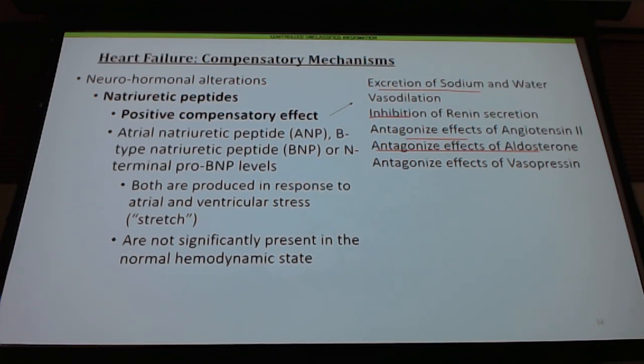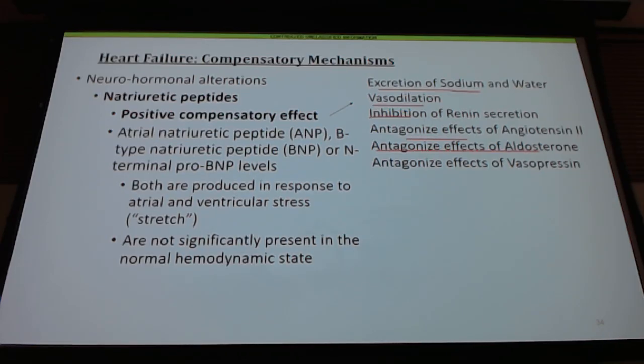So now I'm decreasing my afterload problem to try to improve my cardiac output. I'm also going to cause a vasodilatory effect itself. So it has a local vasodilation, and it does the same thing where it decreases afterload. And then the vasopressin, I'm going to stop that antidiuretic hormone action.